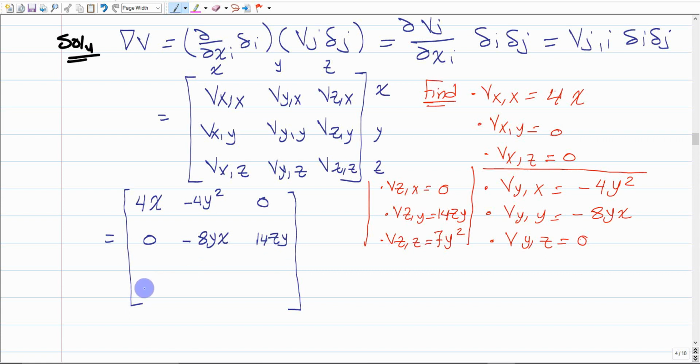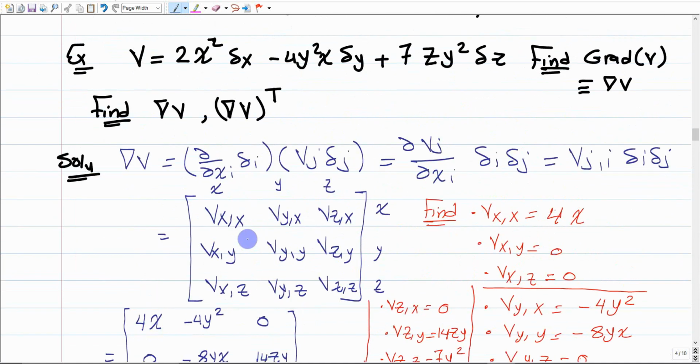And how about the vx comma z? Vx comma z is 0, and the vy comma z is 0. And the vz comma z is 7y squared. Make sense? So this is for the first requirement, which is the nabla v, the gradient of the vector v.